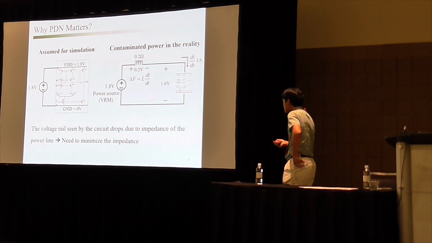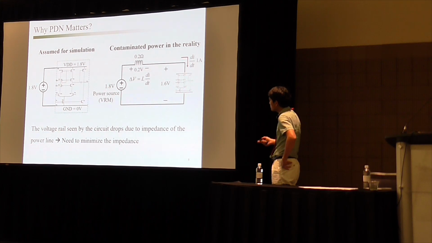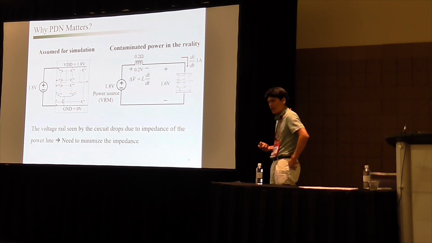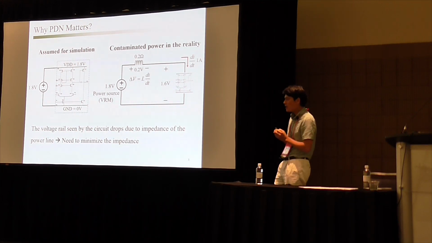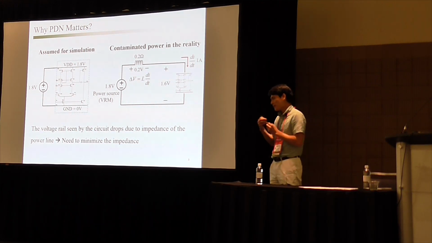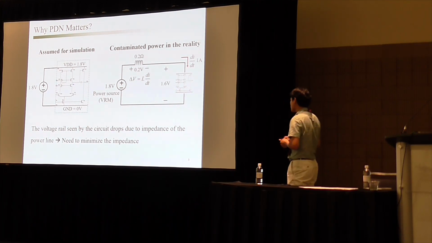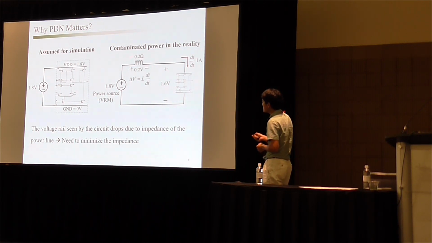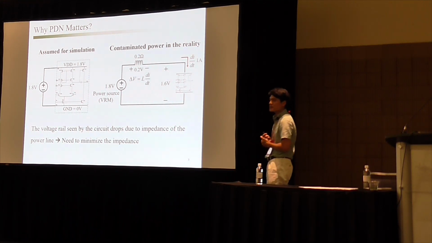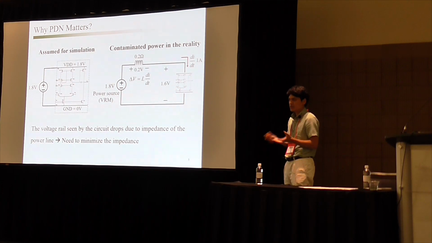So this is about why we have to care about the PDN, power distribution network. We need to care about how power will be provided from the VRM to the internal circuit. So one way we can do is just simply minimize this impedance, right? If you can make a 0.